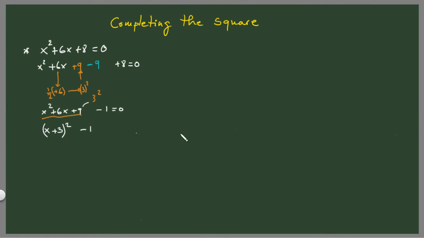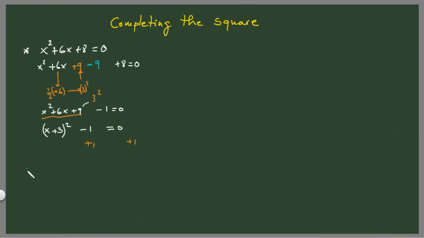All right, equals 0 right here, and now we can add 1 on this side. Pardon, we can add 1 here and 1 there, which means getting rid of the minus 1 to the other side.